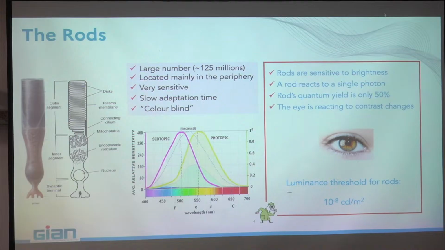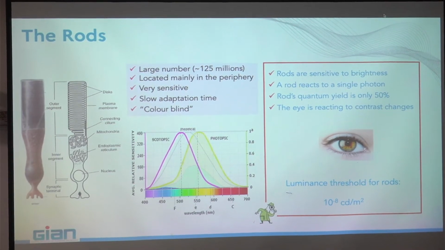The rods are sensitive to brightness. A rod reacts to a single photon, and here you see the yield is 50%. And in fact, what is striking for our eye is the brightness or the luminance, and more especially the spatial or temporal variation of brightness.